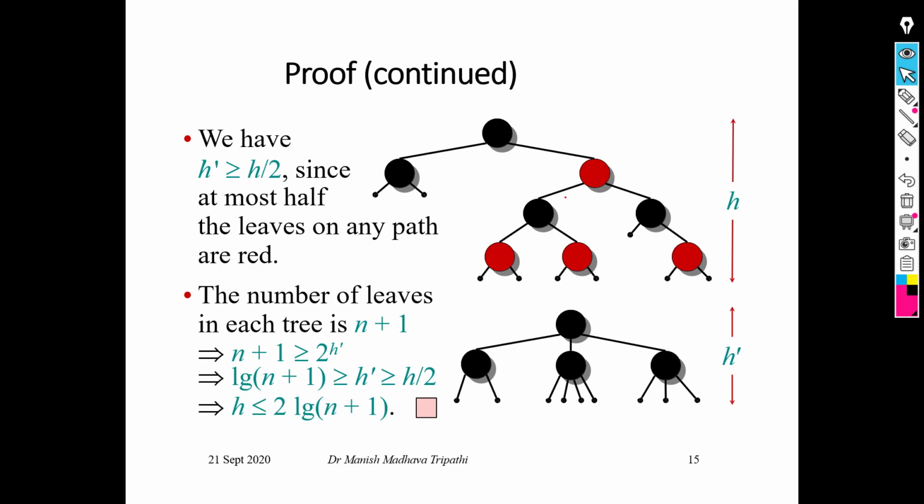So at most, if we divide the height of a tree by 2, then broadly it will come to h dash. If we merge all the red nodes into their black node, the height will be h dash, at most half of any black path, that means maximum.